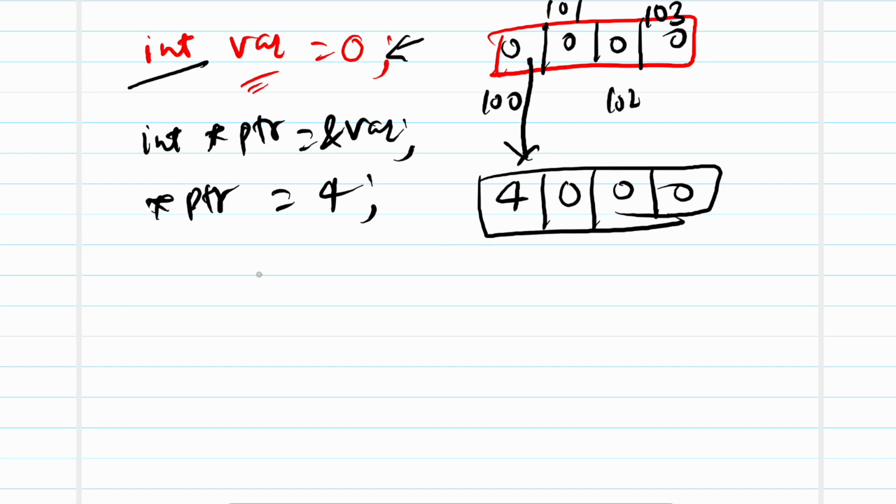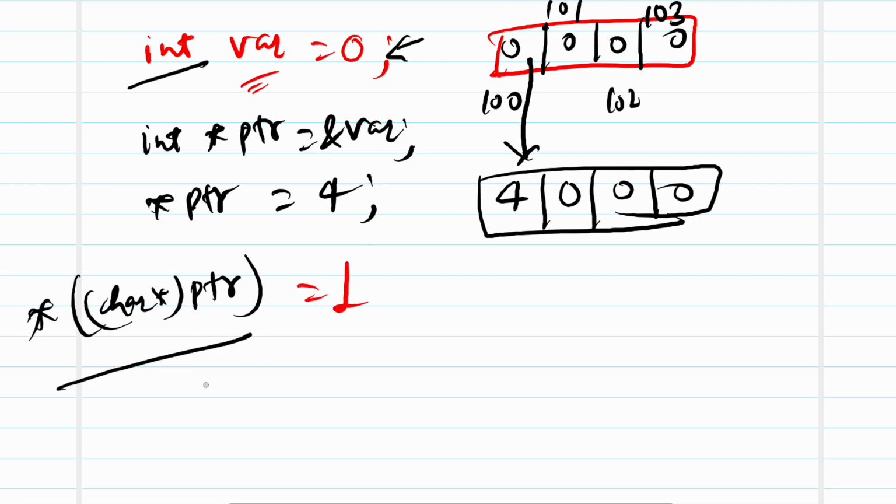But when we do typecasting, let's say I am typecasting this pointer to a character pointer and then doing dereferencing, how many bytes will be changed? Because after this typecasting we have a character pointer, this dereferencing will update only the 0th byte here. Let's say with this typecasting I want to update the value at the second position. How can we do that?